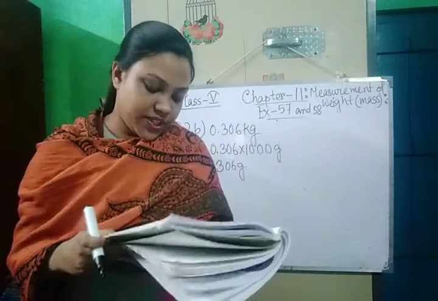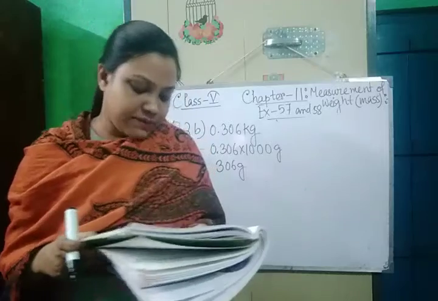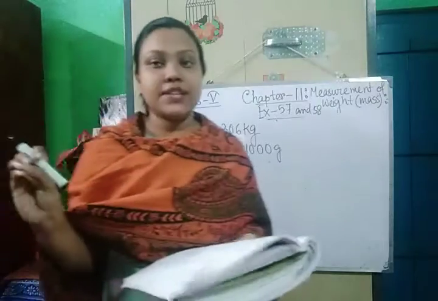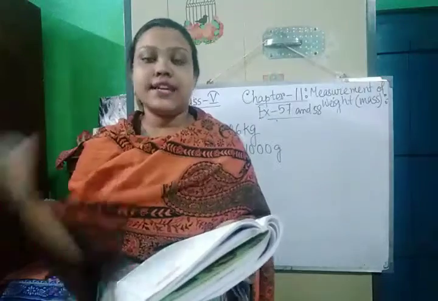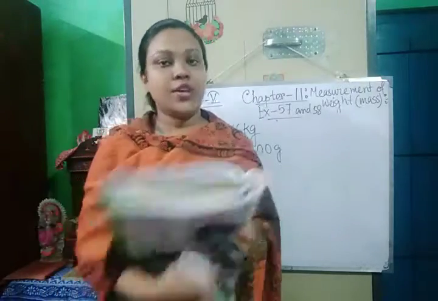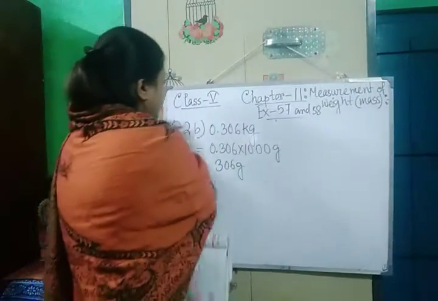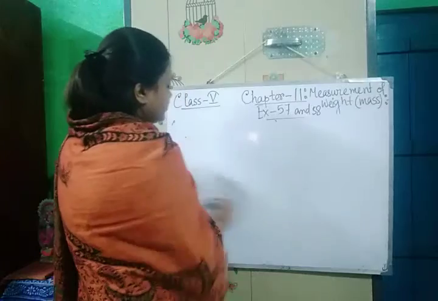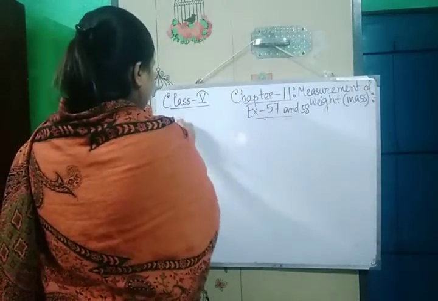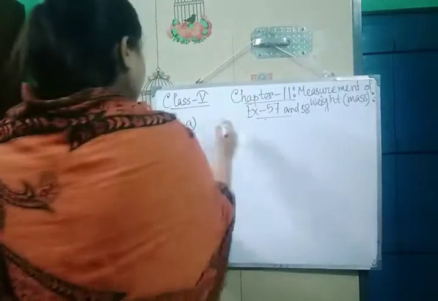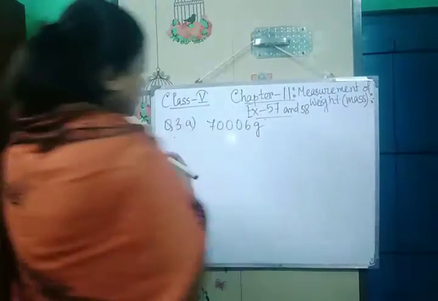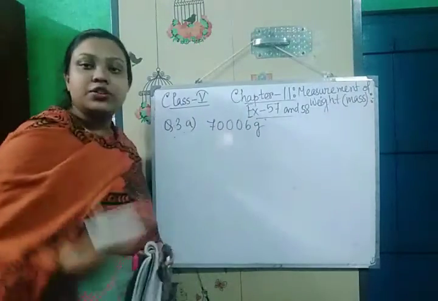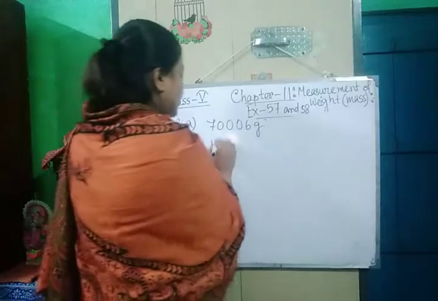Next, question number 3 is convert into kilogram and gram. So in this one gram is given, and we will convert it to kg and gram both. So how can we do this type of sums? Question number 3's A I am doing, that is 70006 gram. So how can we convert it to kg and gram? We will divide it by 1000.